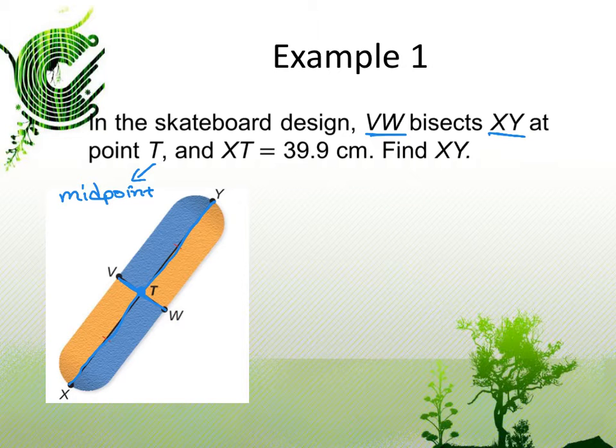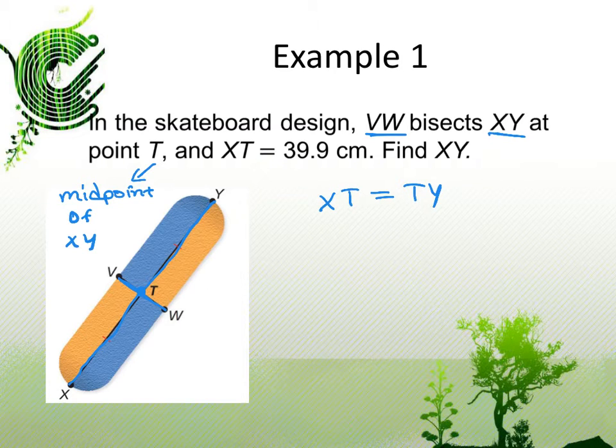Okay, so T is the midpoint of XY. So since T is the midpoint, that now tells me that XT is equal to TY.